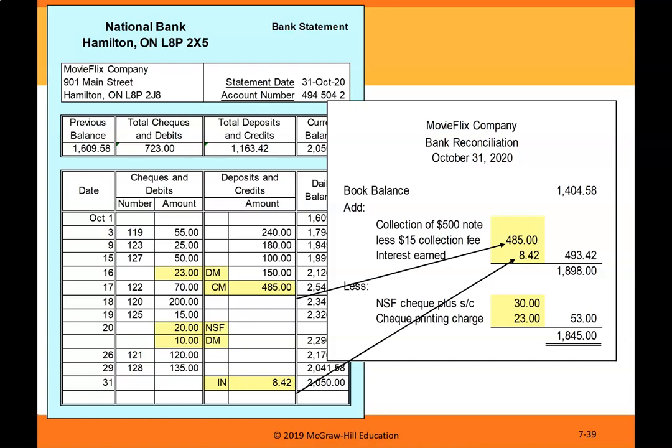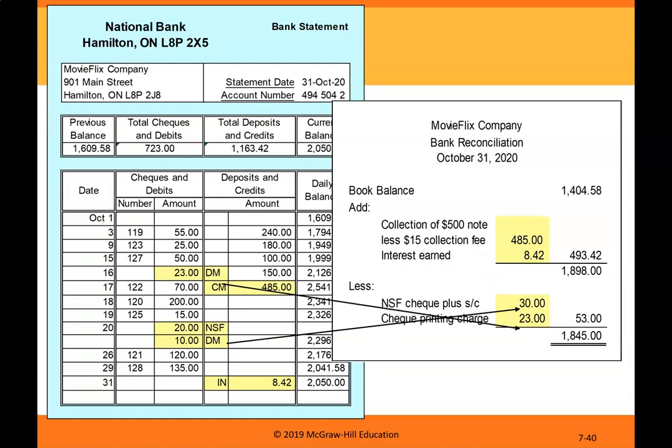So there's the $485 and the $842, and the $30 and the $23.